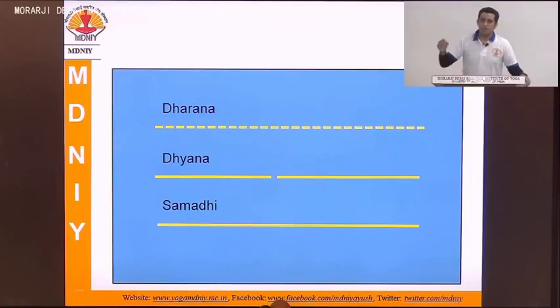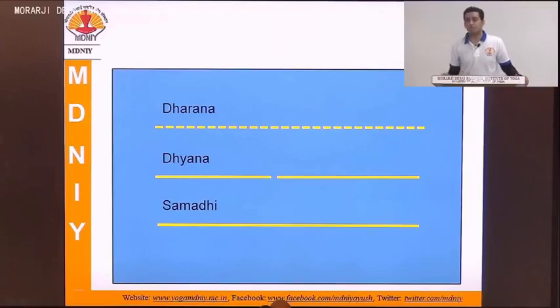So here I am trying to tell you the difference between dharana, dhyana and samadhi. You are focusing on one object. That object may be a picture of a god or goddess, one beautiful flower, or one symbol, with closed eyes. You focus on it and your concentration moves here and there, then again you concentrate on it.